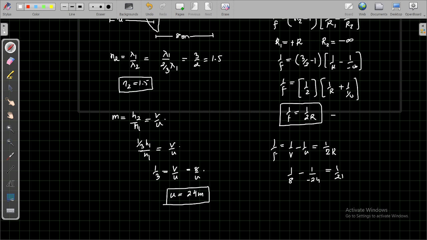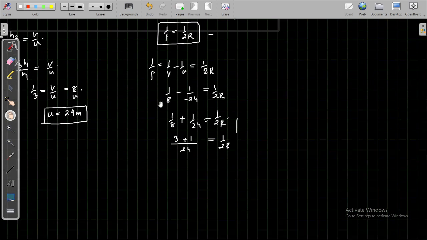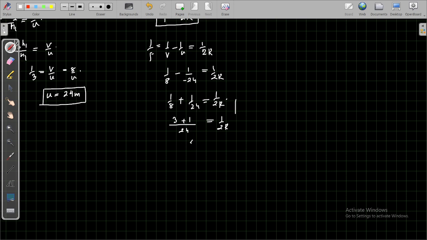So 1 by 8 plus 1 by 24 is equal to 1 by 2r. 24 is the LCM, so 3 plus 1 over 24. So I should get 4 by 24 equal to 1 by 2r, or 4 times 6 is 24, so 1 by 6 equals 1 by 2r, or r is equal to 3 meter.